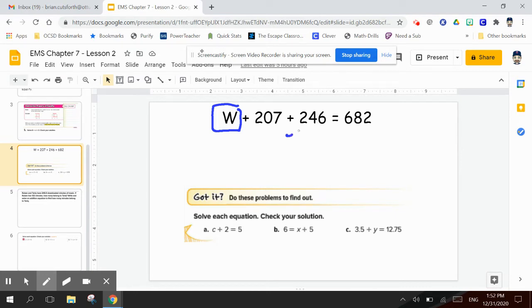So I'm going to subtract 246 from both sides. When I do this, 682 minus 246, I regroup. 12 minus 6 is 6, 7 minus 4 is 3, 6 minus 2 is 4. I get 436.